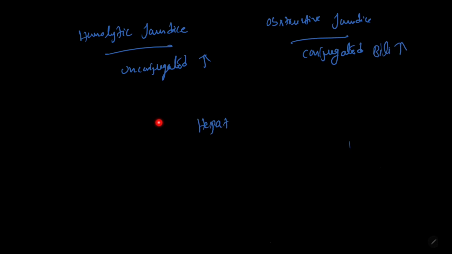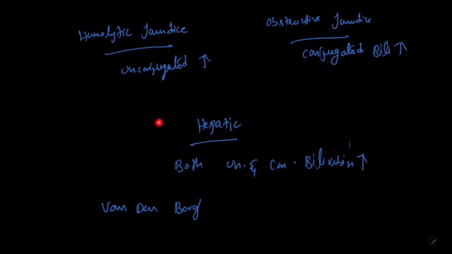But in case of hepatic jaundice, both unconjugated and conjugated bilirubin will be elevated. These can be detected by using the Van den Bergh test. So this is about the different types of bilirubin and the conditions when there will be elevation in their ranges.